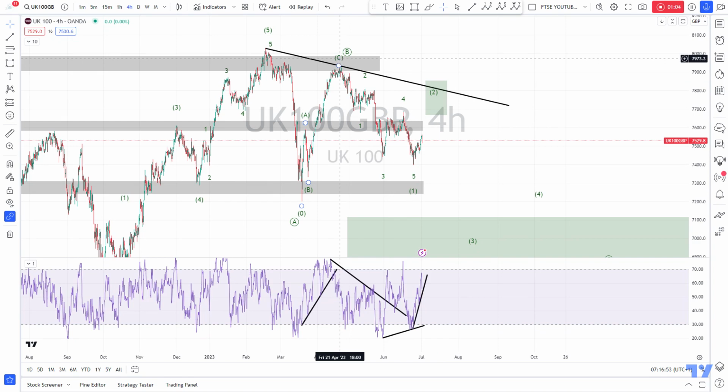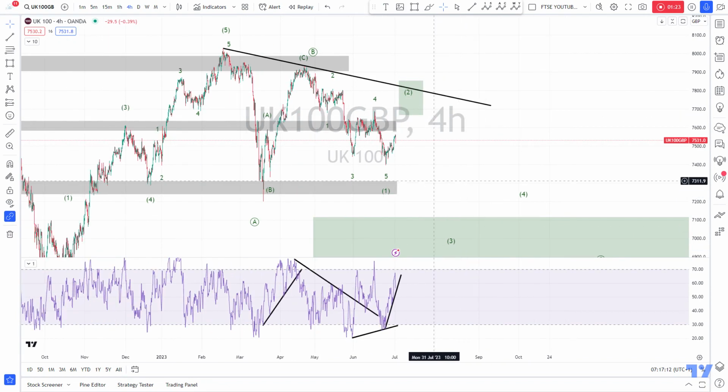Some kind of leading diagonal, wave 1, 2, 3, 4, 5. From here we could see some upside as a wave 2, and then we go down again as a wave 3. This is my primary scenario.